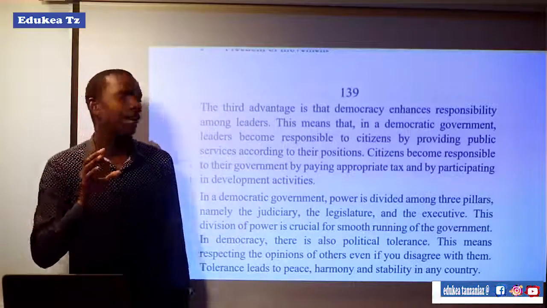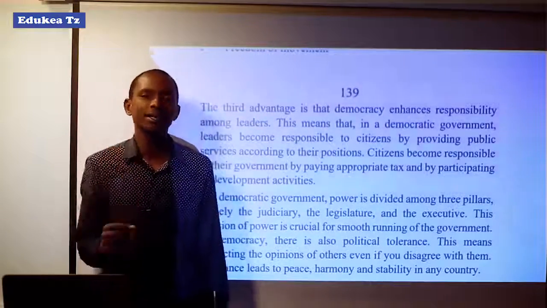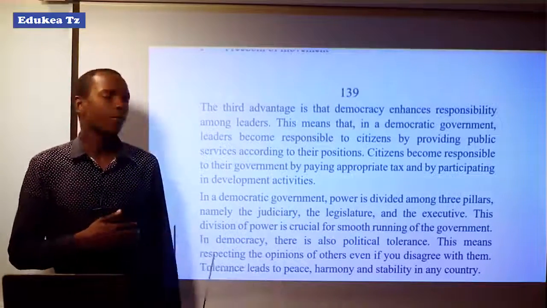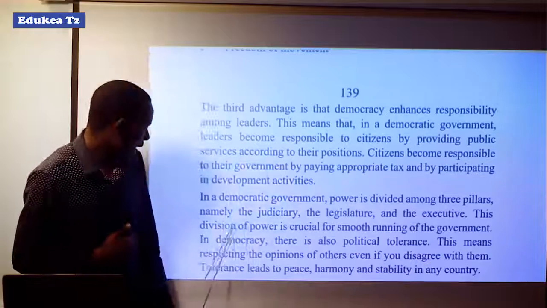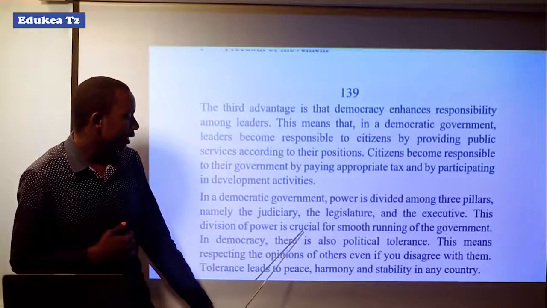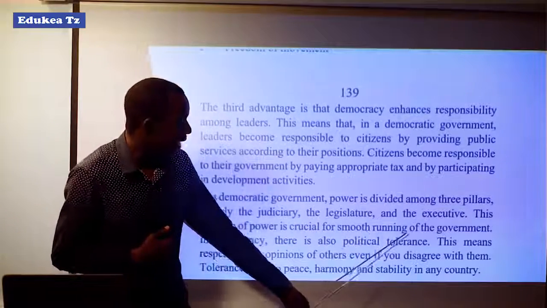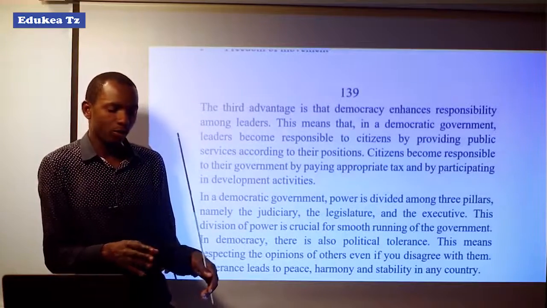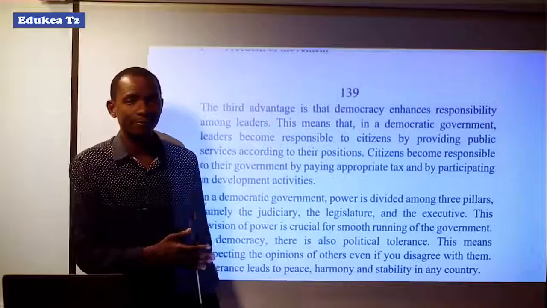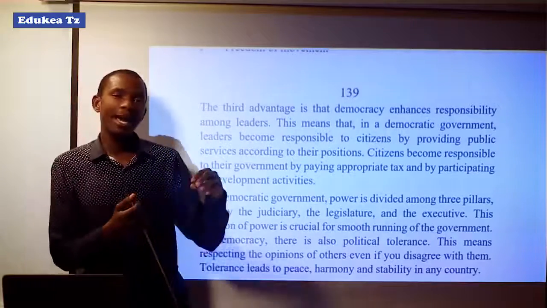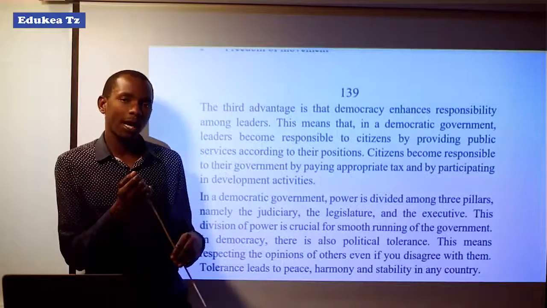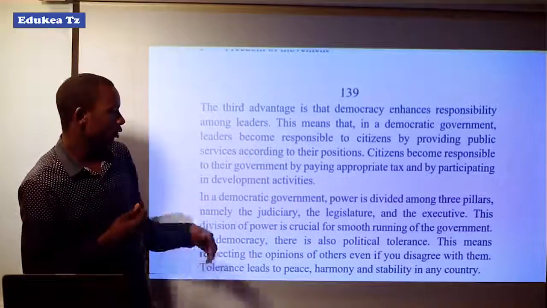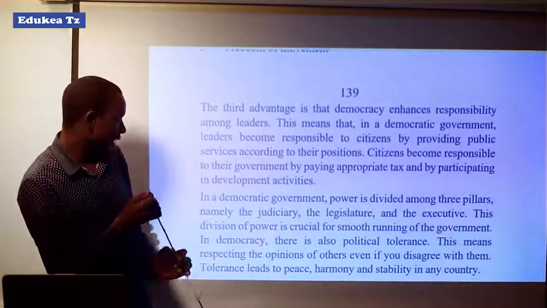These are the three pillars of government which follow the principle of democracy. This division of power is crucial for the smooth running of the government. Having these three pillars helps in implementing several responsibilities and handling any issues in the government.